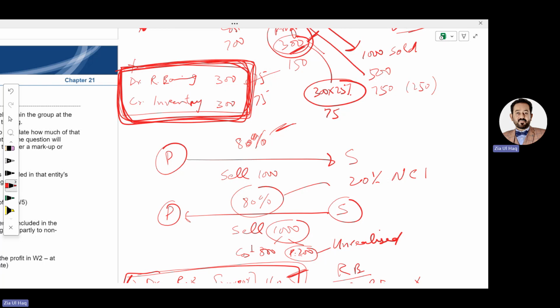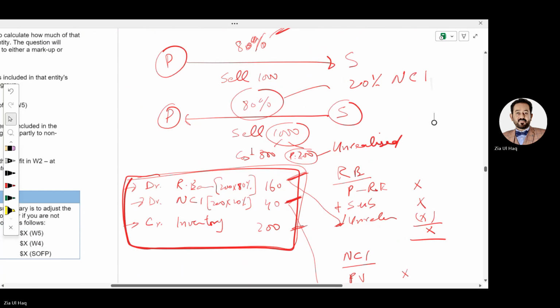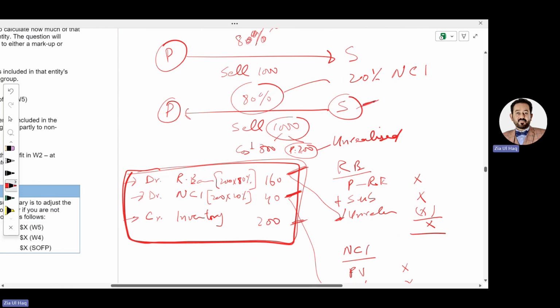In parent company, there is no relation of non-controlling interest. If profit is calculated in subsidiary because subsidiary sold the goods, this means that profit is not all relating to parent company, only the share of parent company is relating to that. The remaining part is relating to non-controlling interest. Non-controlling interest means other investors.